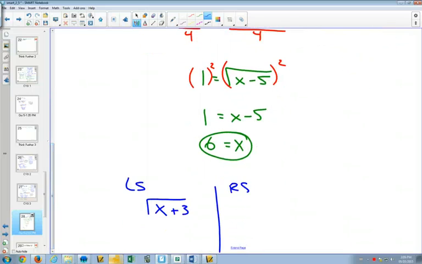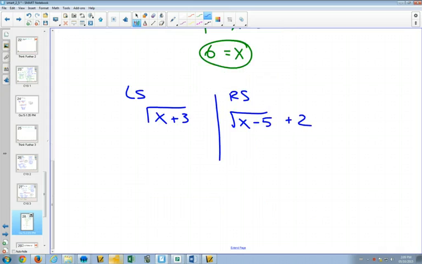The right side was root x minus 5 plus 2. If you plug in 6 for x, can you see on this side you're going to get root 6 plus 3 is 9. Square root of 9 is 3. On this side, 6 minus 5 is 1. Square root of 1 is 1. 1 plus 2 is 3. And we know that this answer works.